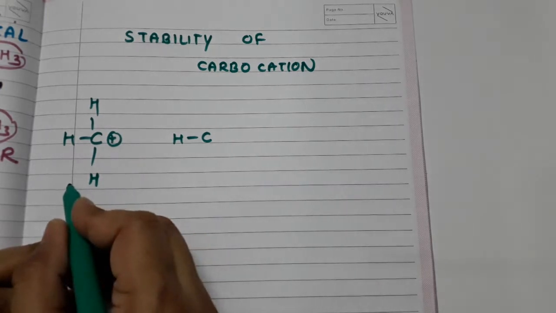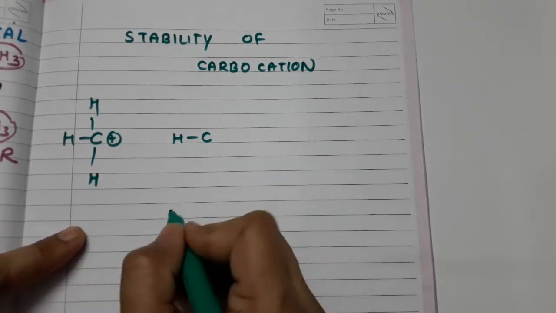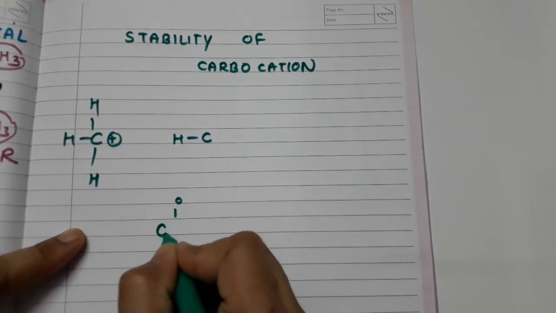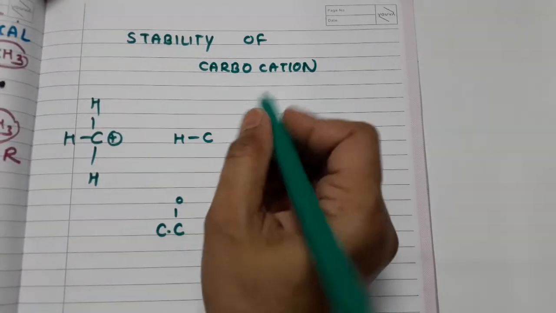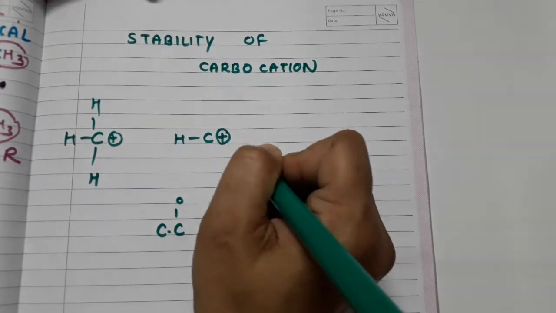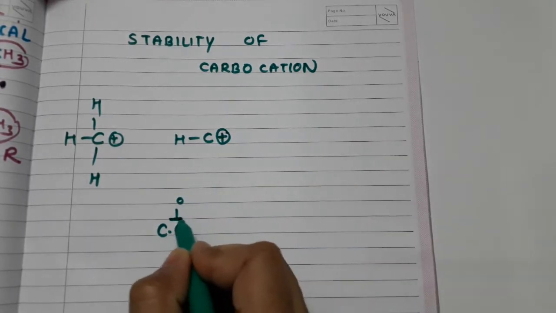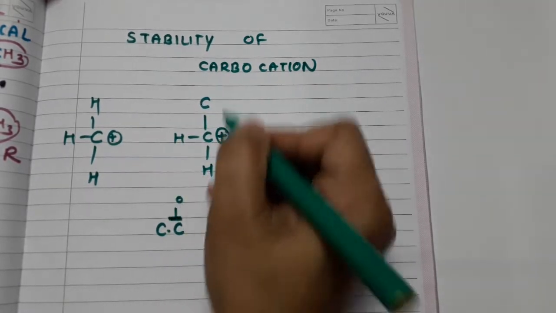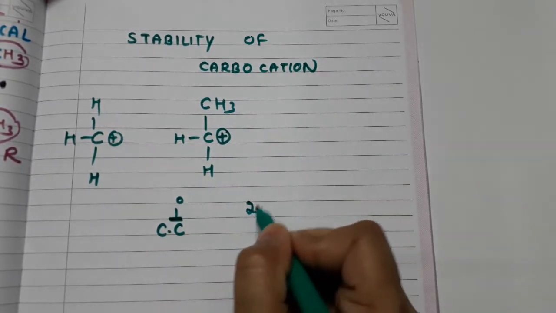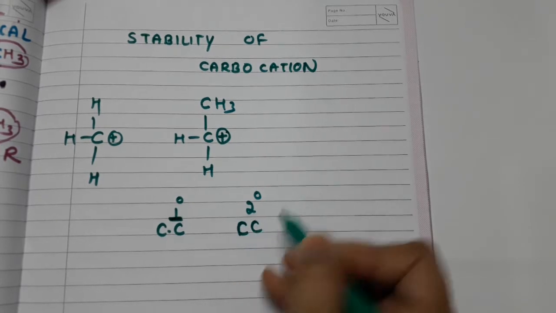I have already drawn methyl carbocation. Here I will draw the primary carbocation. As we have studied in free radicals also, here also in carbocation, carbon is having positive charge. Since I am talking about primary carbocation, carbon is bonded to one carbon atom, CH3. Now I have secondary carbocation.